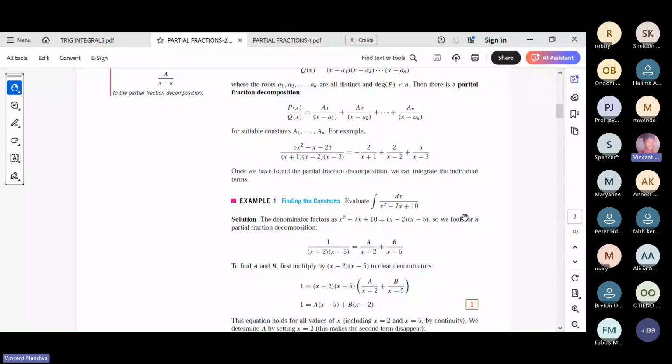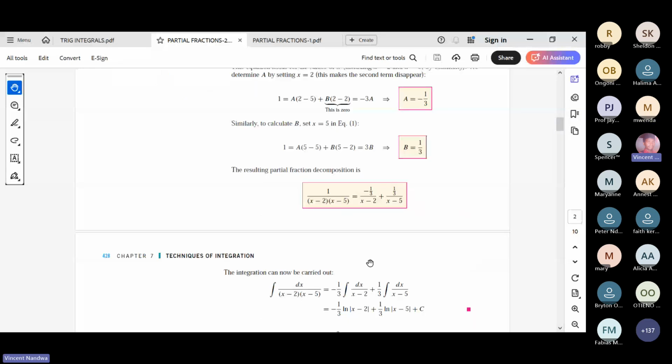So therefore now you can write your fractions. So this is what you have. These are the same answers that they obtained here. A is negative a third, B is a third. Which means the given integrand can be written in this form. So the integration on the left hand side is the same as integrating each part on the right hand side.